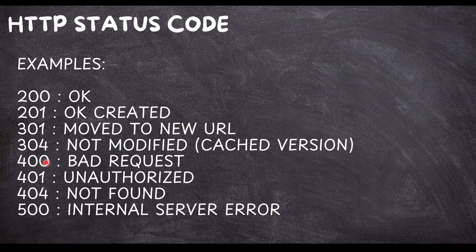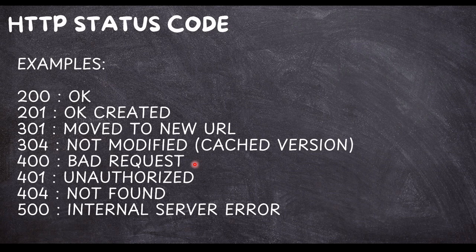Okay, then 400 means bad request. What is a bad request? Let me just explain it here only. Bad request means you are requesting something that does not even exist. It has not been created yet. So the server will respond by saying 400, bad request.